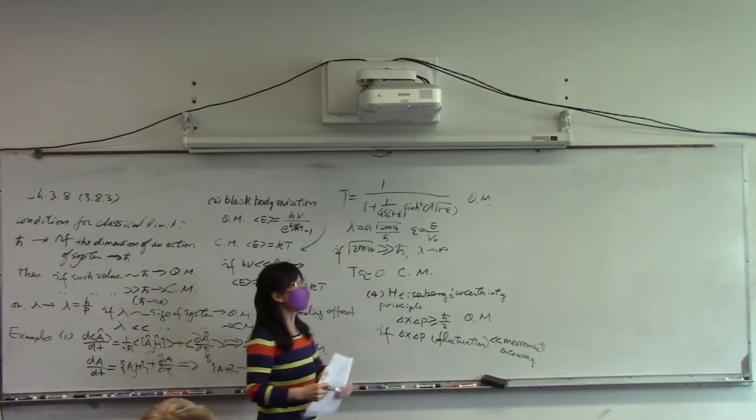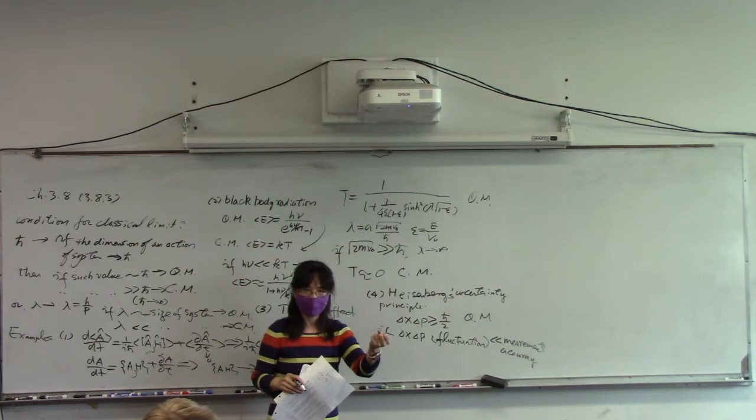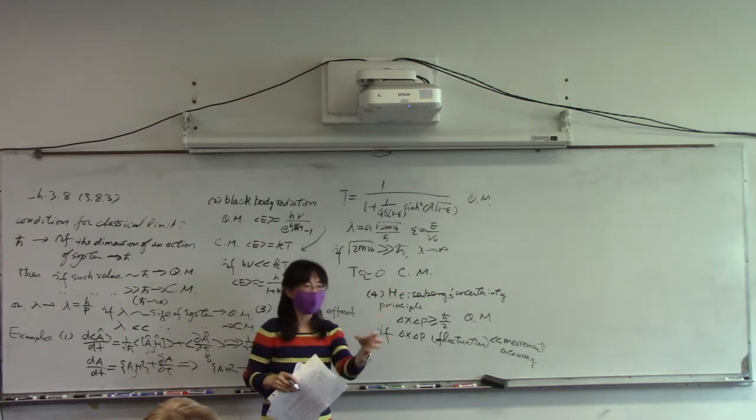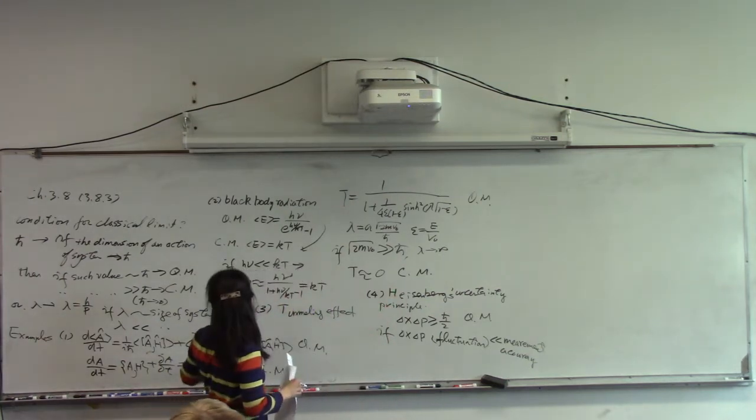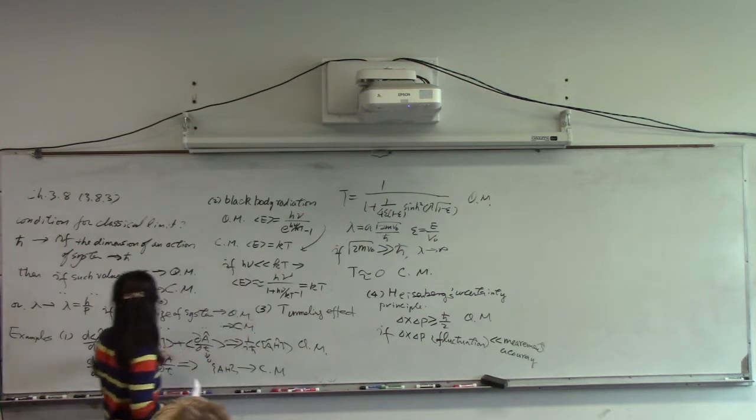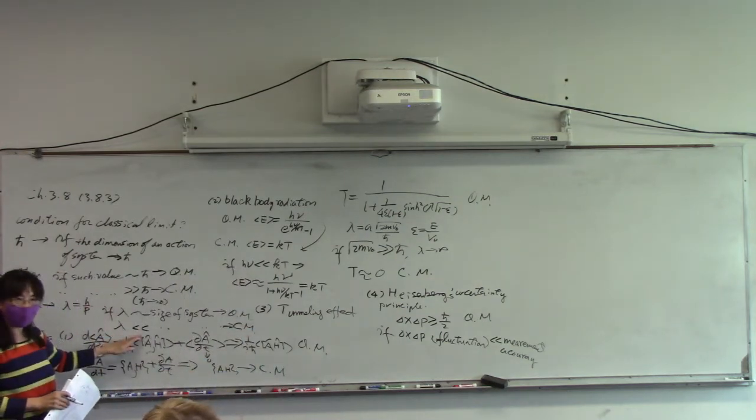So suppose we measure this bullet, the size is much larger than this in this case. So that's the classical limit.